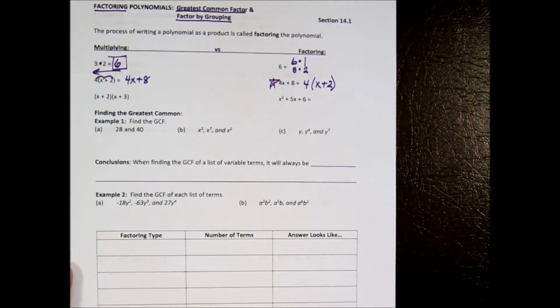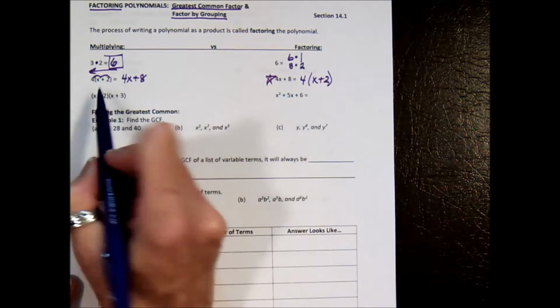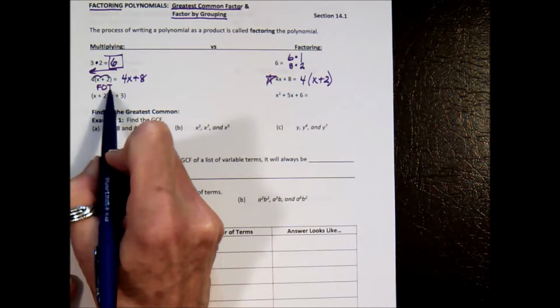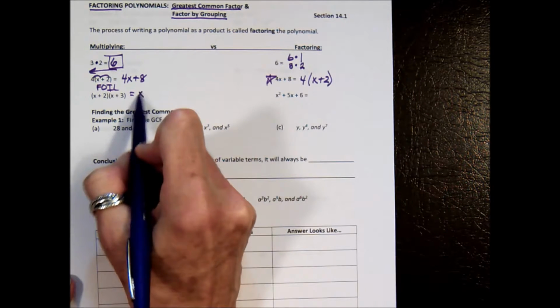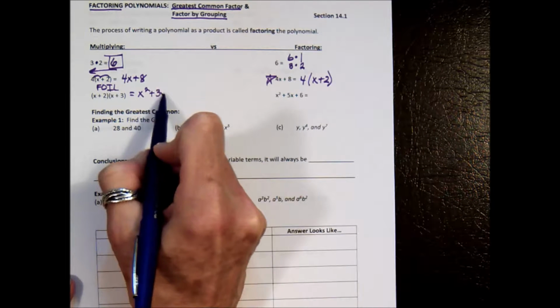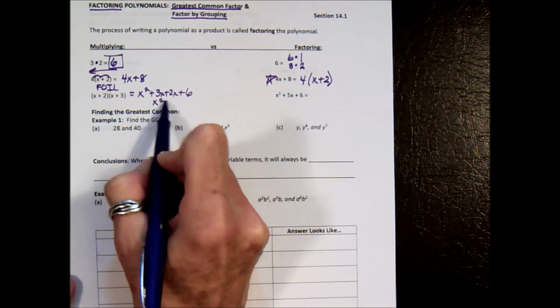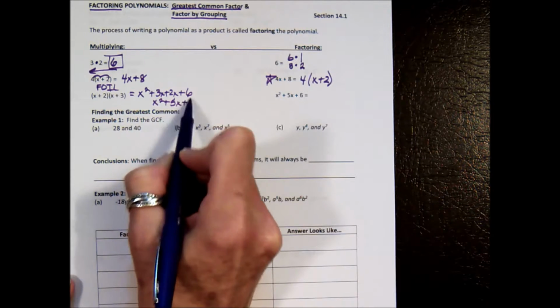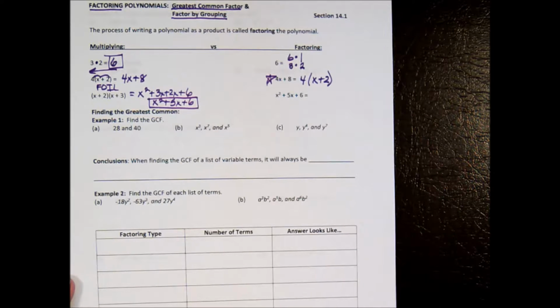And this is the one we're going to do today in this video. Finally, as another example of multiplication versus factoring, I hope you recognize this as a very straightforward FOIL. What you would do is first, outside, inside, last, and then combine like terms, and you would get x squared plus 5x plus 6 as your answer.